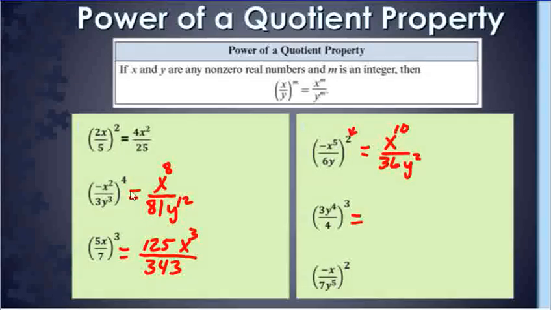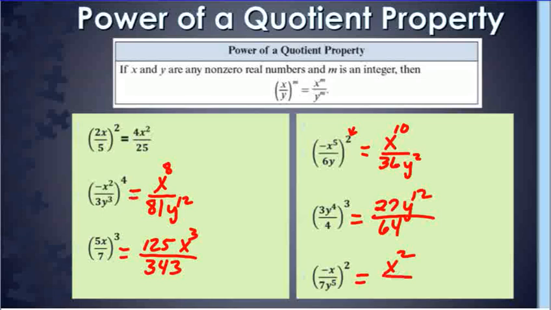Next one, 3 cubed is 27, y to the 12th over 4 cubed would be 64. And the next one, we have a negative x to the 2nd power. That'd just be a positive x squared. 7 squared is 49. Y to the 10th.